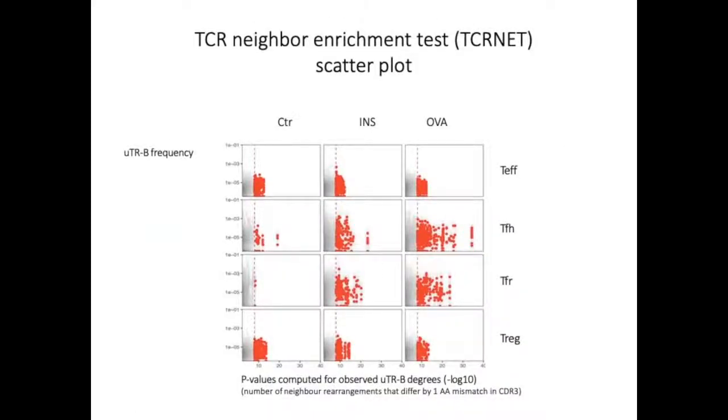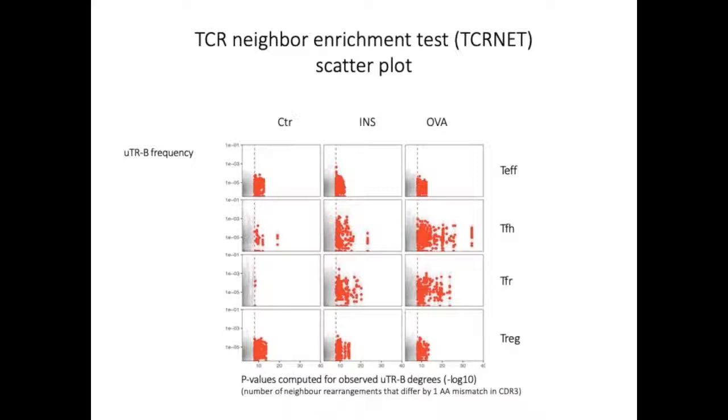We then wanted to go into more detail on this interpretation, and we worked with Mikhail Shugay here and used TCRNET to study this a bit deeper. Without going into the details, here you have the frequencies of the TCR beta, and here you have the p-values that are computed for the degrees of connection. What we expected to see, if there were some kind of specific expansion, would be clones around here.